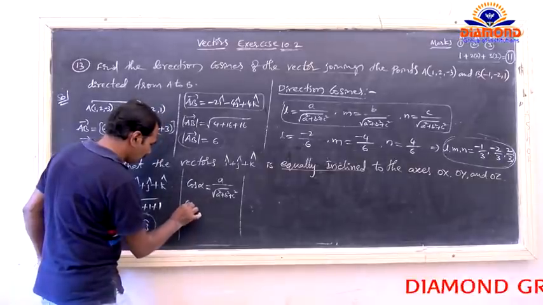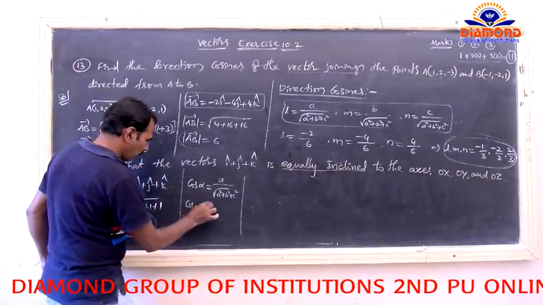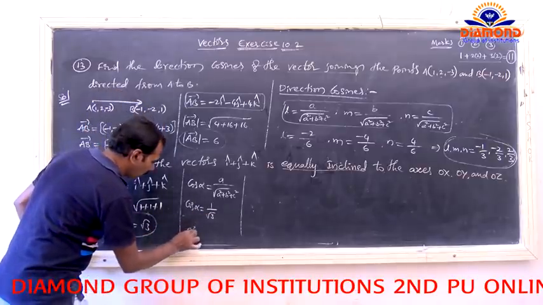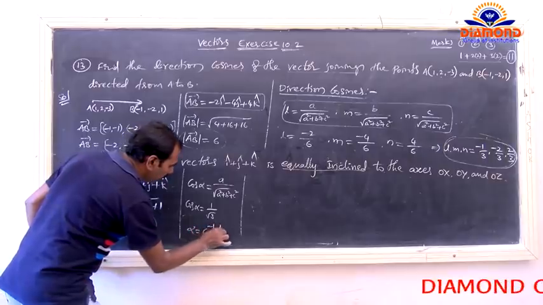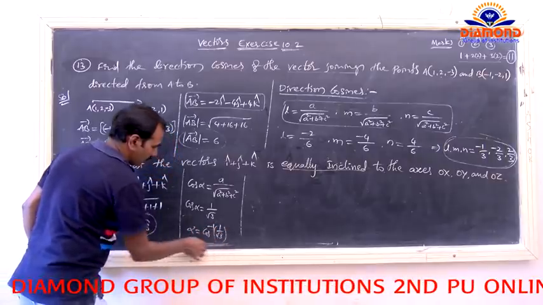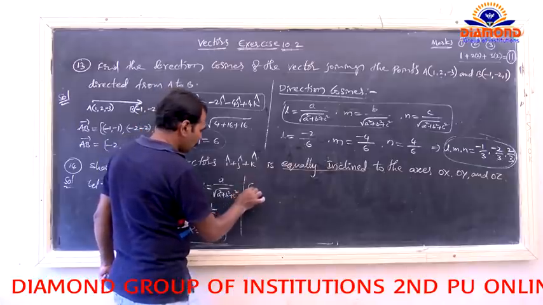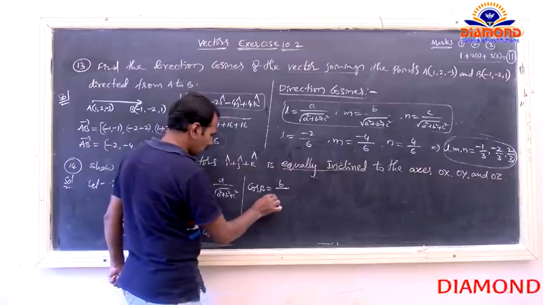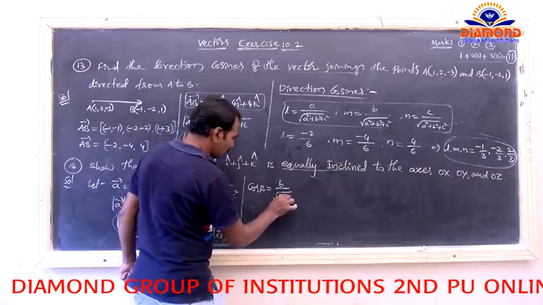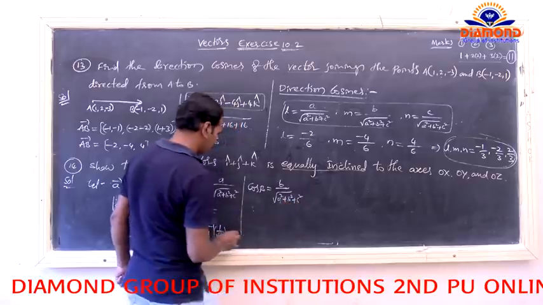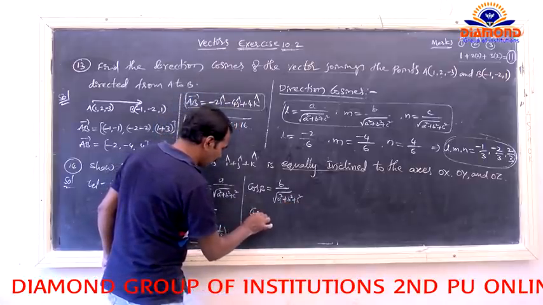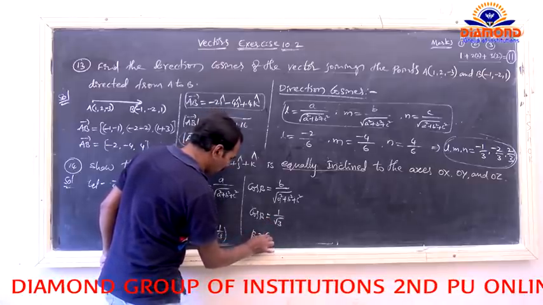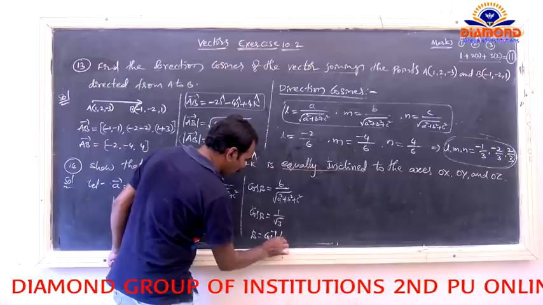So cos alpha equal to 1 divided by root 3, alpha equal to cos inverse of 1 by root 3. Next, cos beta equal to B divided by square root of A square plus B square plus C square, so cos beta equal to 1 divided by root 3, beta equal to cos inverse of 1 by root 3.